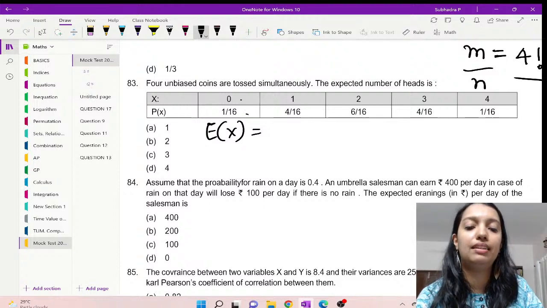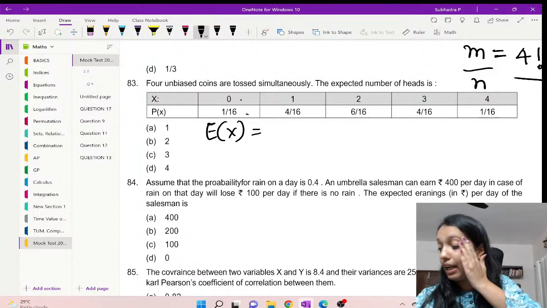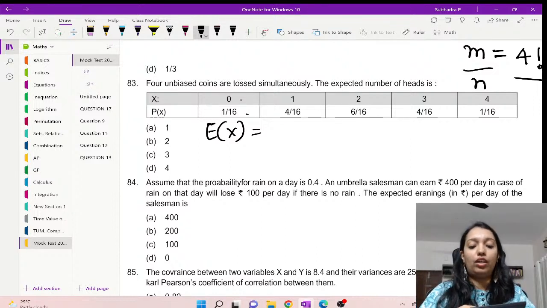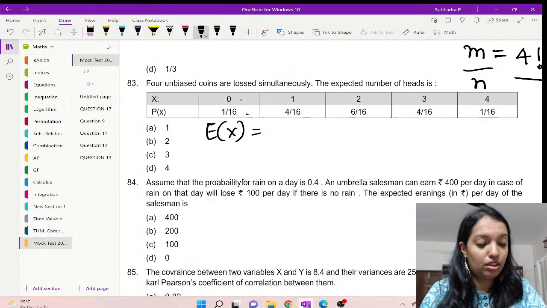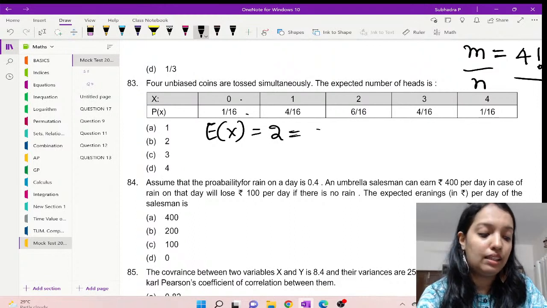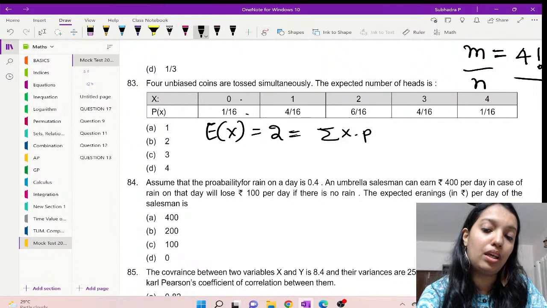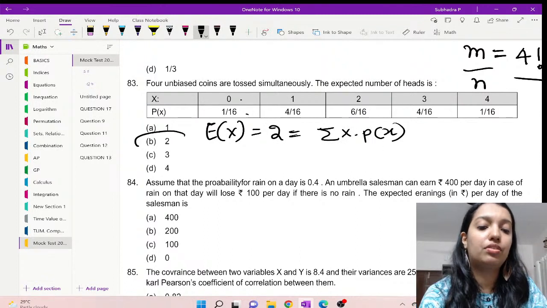You just have to multiply this and this and find the total. 0 into 1 by 16, 1 into 4 by 16, 2 into 6 by 16, 3 into 4 by 16, 4 into 1 by 16. Whatever answers you got, just press GT. You will get your answer to be 2. How? This is summation x into p of x. So the final answer is 2.